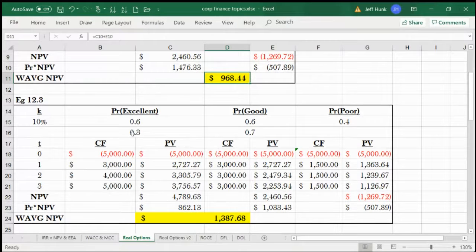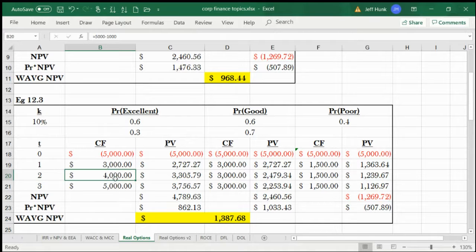And then once again, the probability of excellent in year two is a conditional probability. In other words, good must happen first, and then excellent happens. So anyway, the technique is pretty much the same.